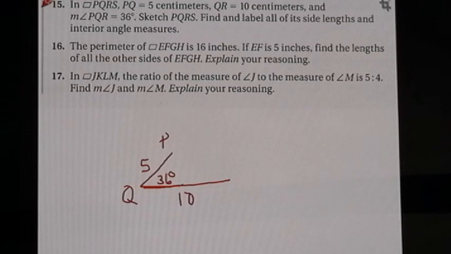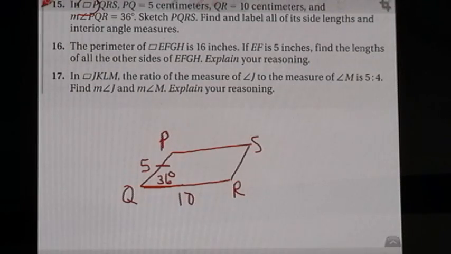And it says to sketch PQRS. Well, PQRS is a parallelogram, so we have to draw a parallel side. And then we're going to need to mark it so that we know it's a parallelogram.